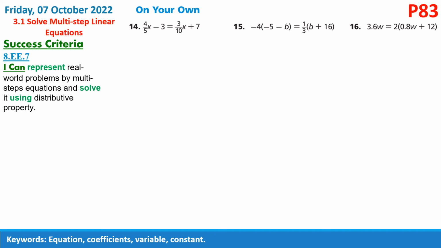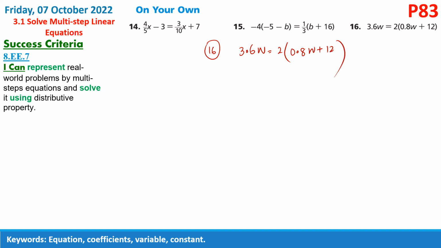Okay, now let's try this question. How can we try this question? We can try this question first of all by writing. Okay, what is written? I'm doing question 16. 3.6W equals 2 times (0.8W plus 12).